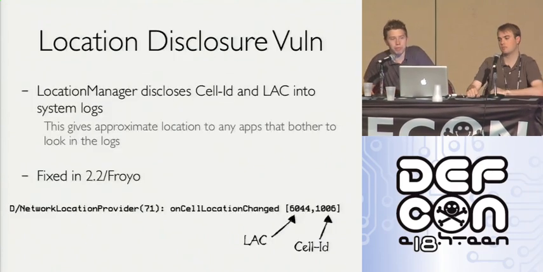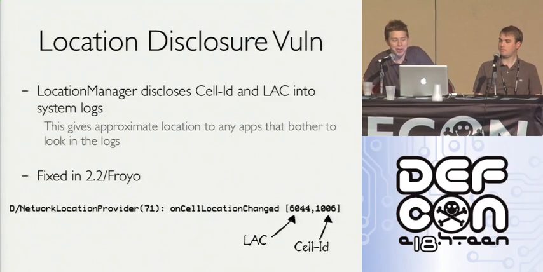So there is a vulnerability in Android where the location manager service, which is the service that the Android system uses to effectively provide your GPS location via cell tower, Wi-Fi, and so on and so forth. What happened was when you retrieved the location, the location manager service dumped your LAC and cell ID, which are the two GSM identifiers that can be used to basically determine where you are, into the logs.